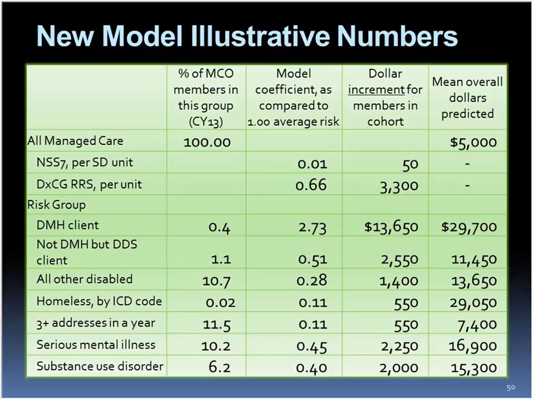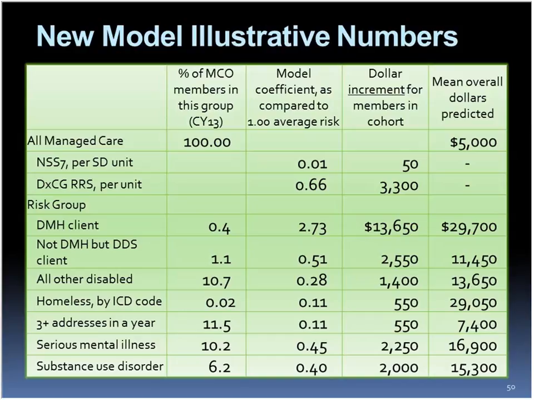Because we have these other risk factors involved, the DXCG relative risk score itself, each unit doesn't count $5,000 the way that it would in a model which just said we're going to pay on multiples of the DXCG score. It's been reduced to about $3,300 per extra unit of DXCG score.